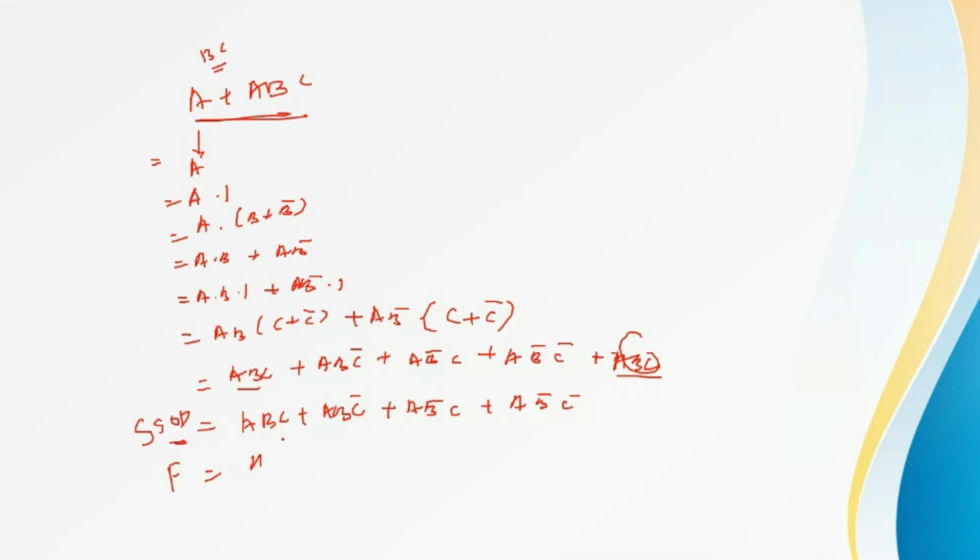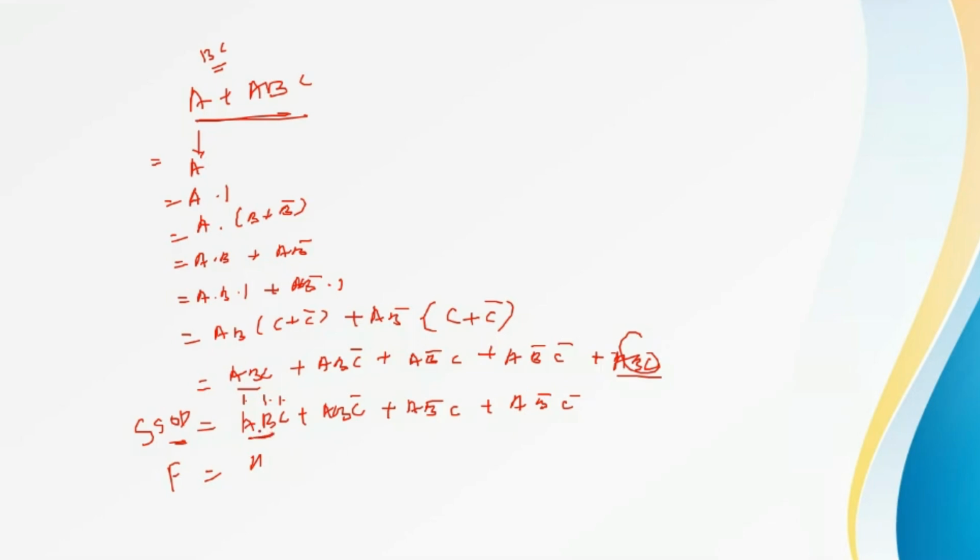We have ABC, it means it should be 1, 1, 1. SOP represents 1, that is the AND gate, correct? So here ABC means it is 1, 1, 1.